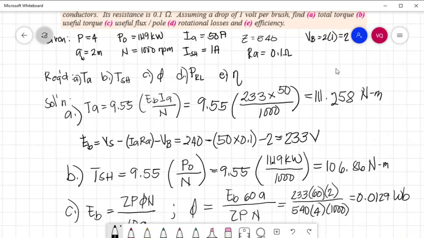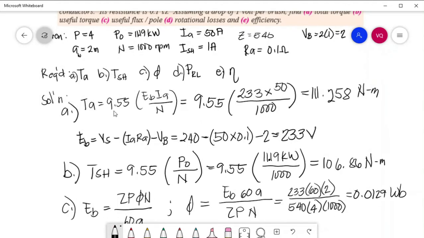Solving for armature torque, we have 9.55 times EbIa divided by the speed. So we will solve first the back EMF. That is equal to 233 volts: 240 minus the drop in the armature minus the voltage drop at the brush. So that is 233 volts.